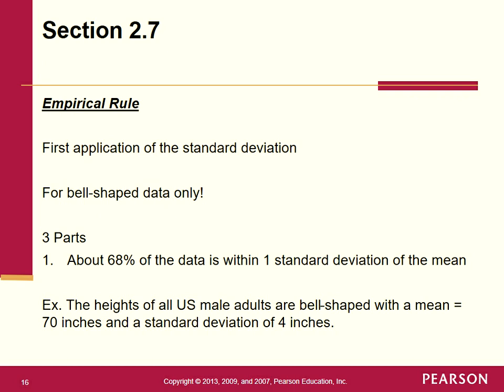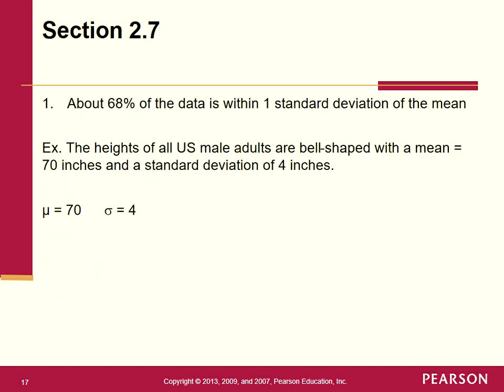The reason why is I said the heights of all U.S. males, and so I'm pretending that I have the data for the entire U.S. male adult population, which is probably not going to be the case when a researcher does things. But we're in a little pretend time here. Let's say that we had all that data and we were able to calculate the mean and the standard deviation.